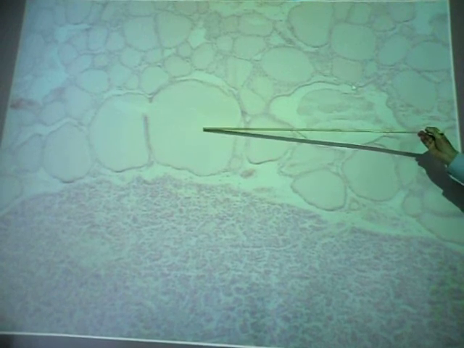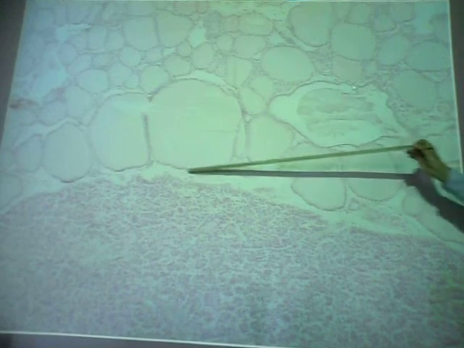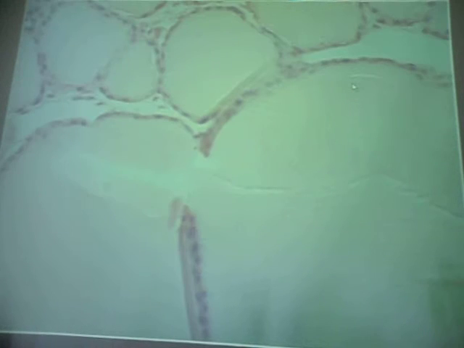So the follicle cells make up the wall of the follicle. So again, if I point to this, don't call it a follicle cell. This is the follicle. The follicle cells actually make up the wall of the follicle.